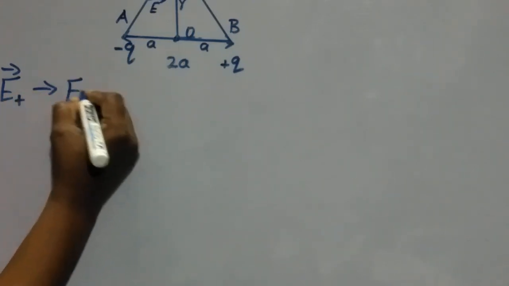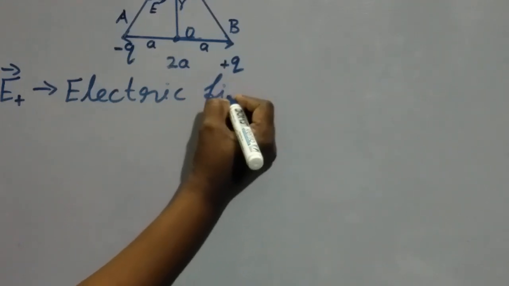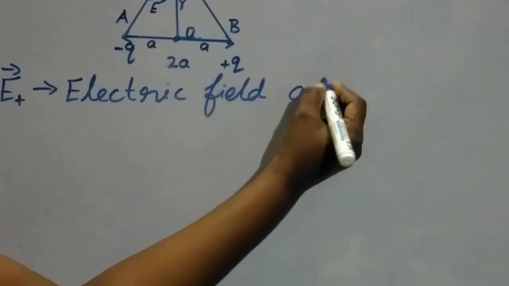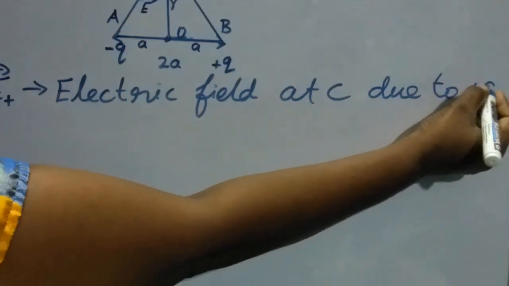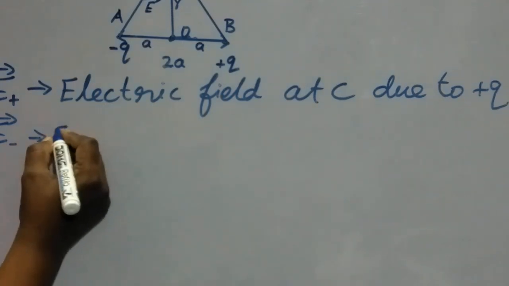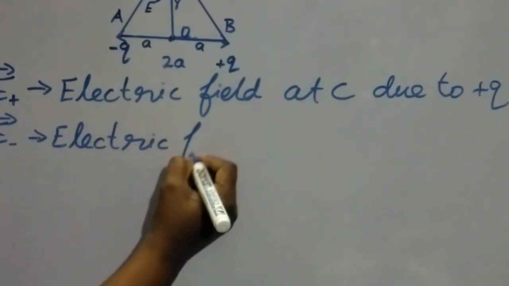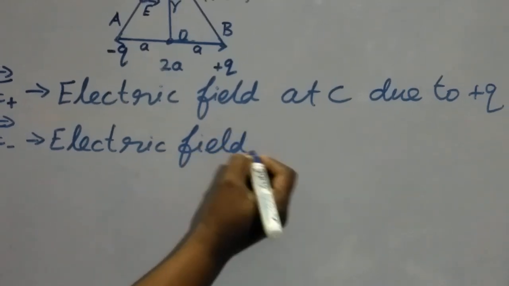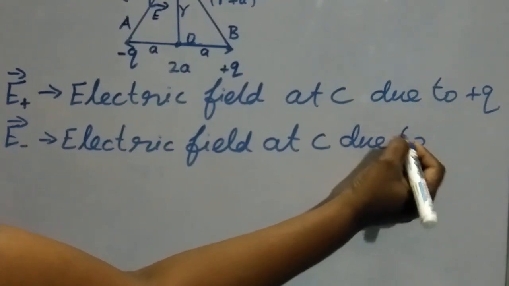It is the electric field at C due to plus Q. What is E minus vector? It is also the electric field at C due to minus Q.